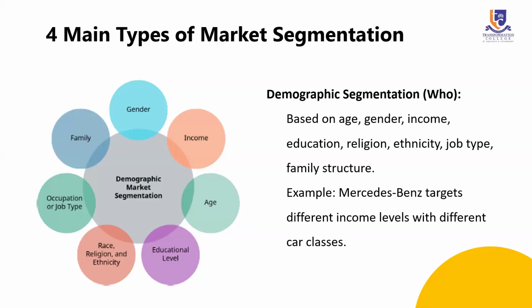Look at the example here. It says Mercedes-Benz targets different income levels with different car classes. There is a Benz they call Brabus. Who are the Benz lovers here? There's Benz that is Brabus, there's GLK, GLX, GL430, GL this and that.